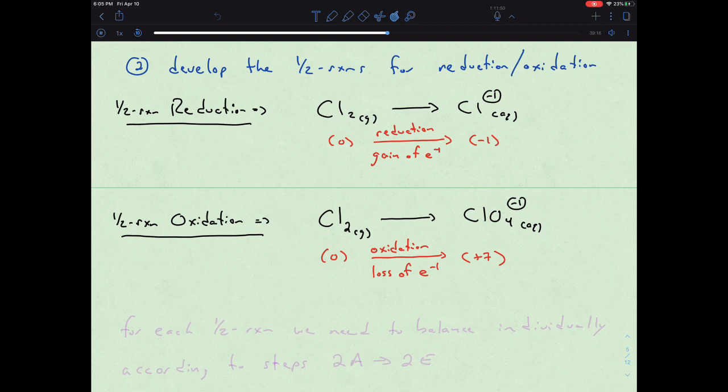So basically, now for each half reaction, we need to balance individually according to steps 2A through 2E.